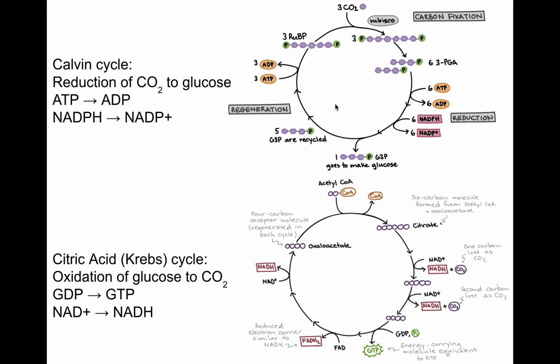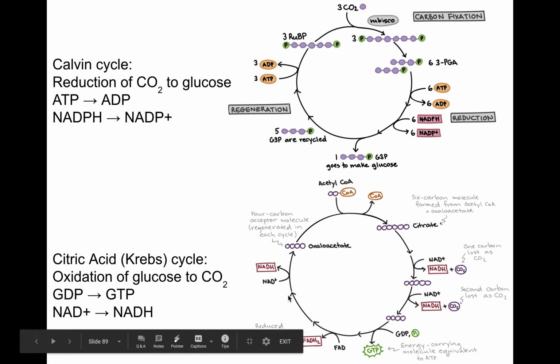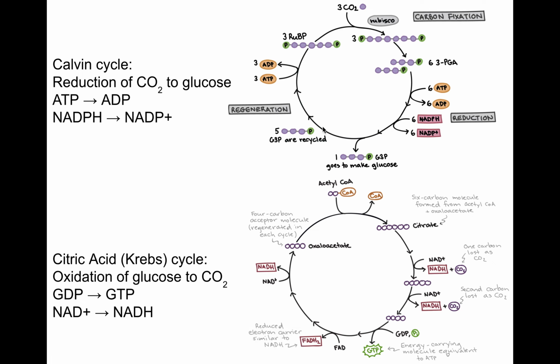All right, so here's the Calvin cycle, here's the Krebs cycle. They look pretty similar, at least because these are cyclical pathways where you get recycling of molecules. In the Calvin cycle, you have reduction of CO2 to glucose. So you start with CO2.